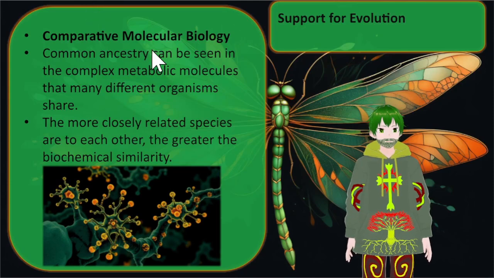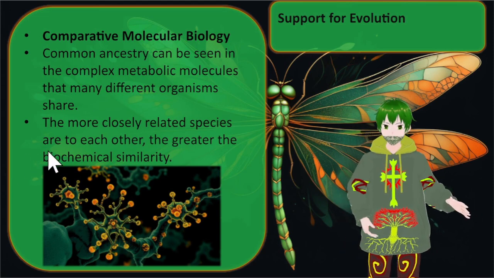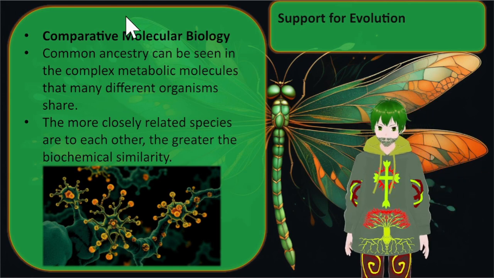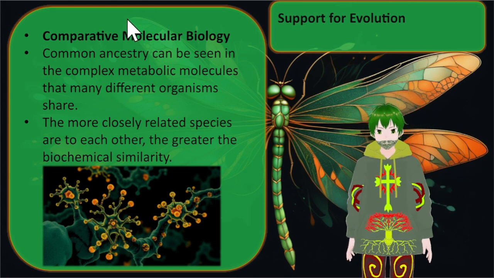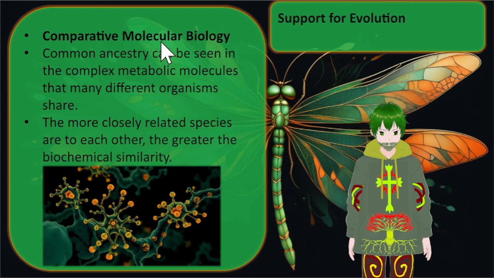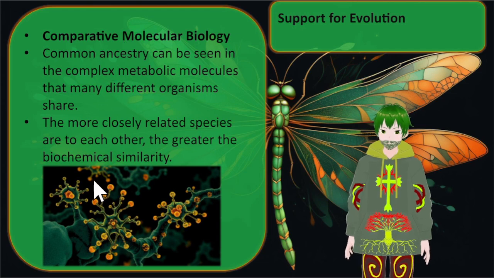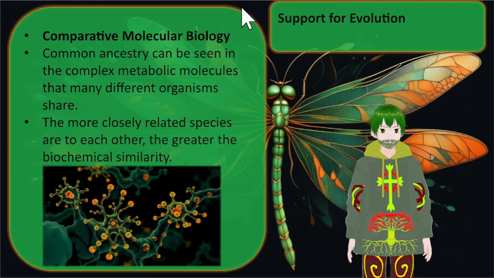Now, comparative molecular biology is a very new kind of level of analysis, and it attempts to show through proteomics, the study of proteins, the study of DNA, the study of RNA, the similarities between organisms. And at first, it made some pretty bizarre findings.